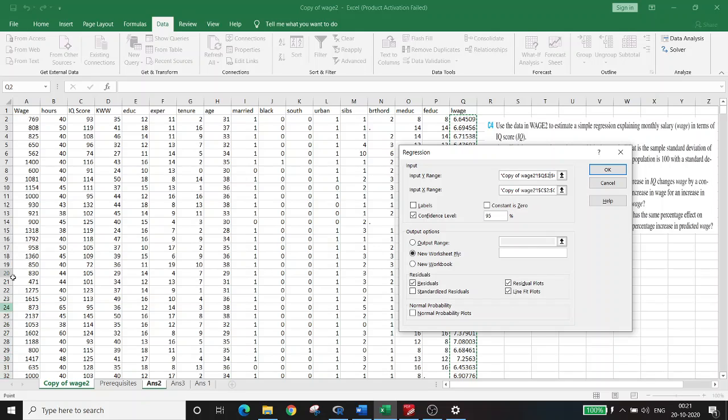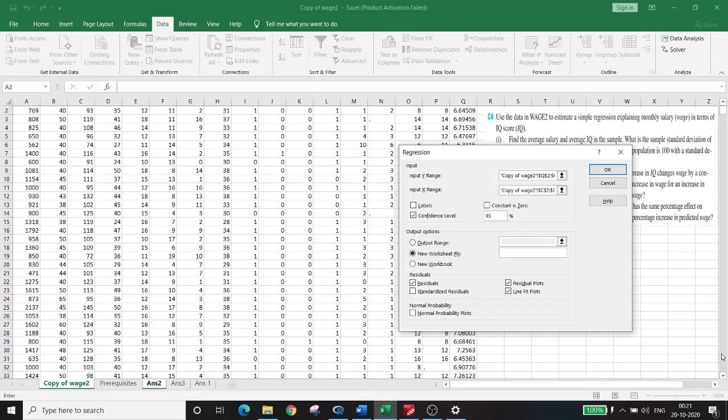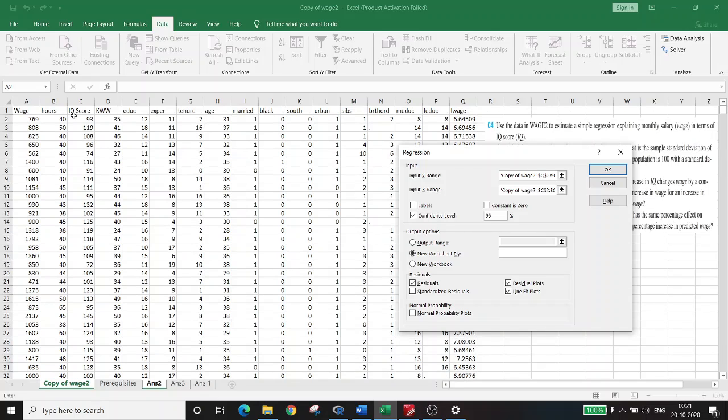You have to select this as your Y range, and for the X range, that is your independent variable, you select IQ score. Then you set your confidence level to 95%. I'm not selecting constant is 0 because I am assuming that a constant term is present in my regression model.